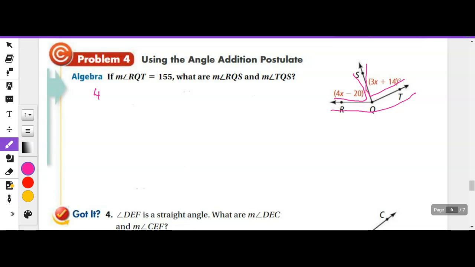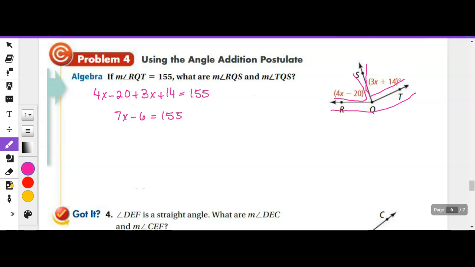So we're going to have 4x minus 20 plus 3x plus 14, and all of that's going to add up to 155. So we're going to combine our like terms. So 4x plus 3x is 7x. The negative 20 and the 14 combine to give me negative 6. And all of that's equal to 155.